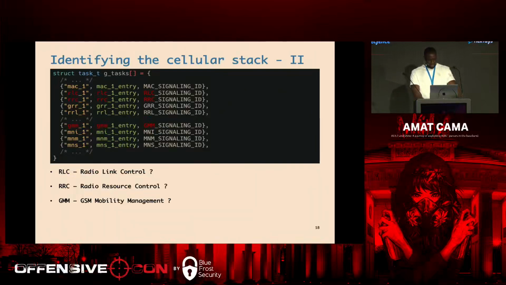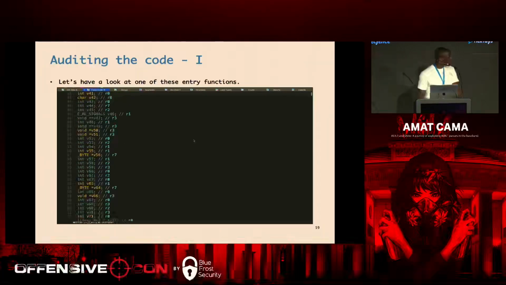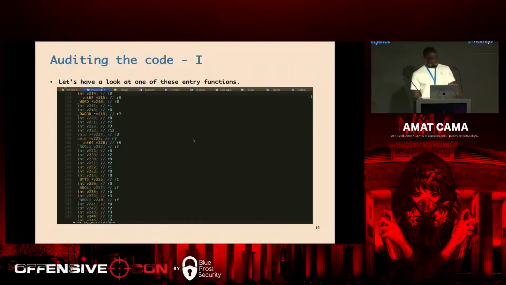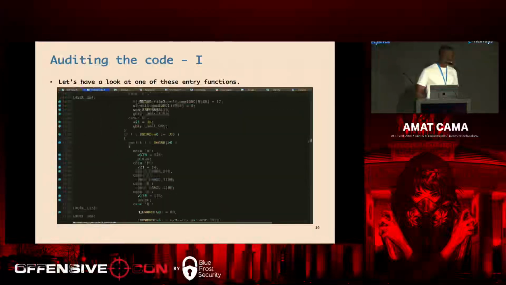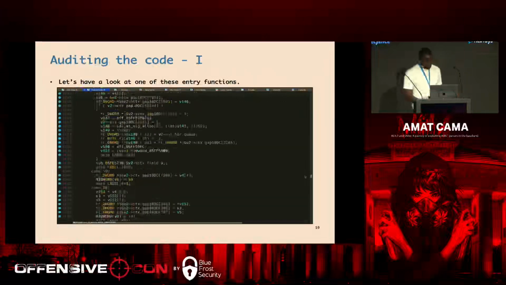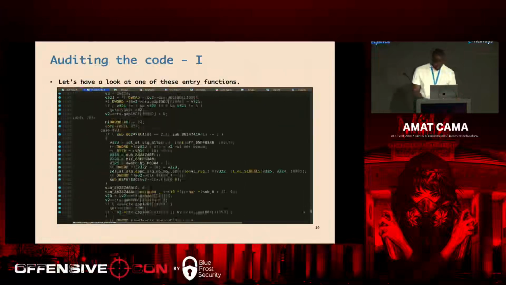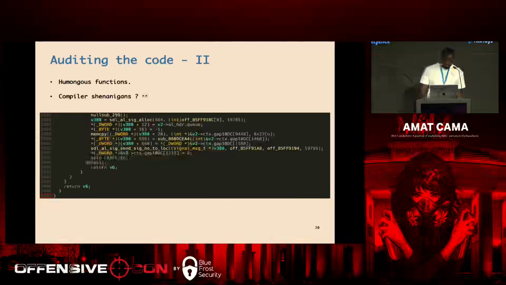But like I was saying, when we look at some of those entry functions, this is just a video I took for you guys to show you what it looks like in IDA. Basically you get the point. It's just very, very huge functions.